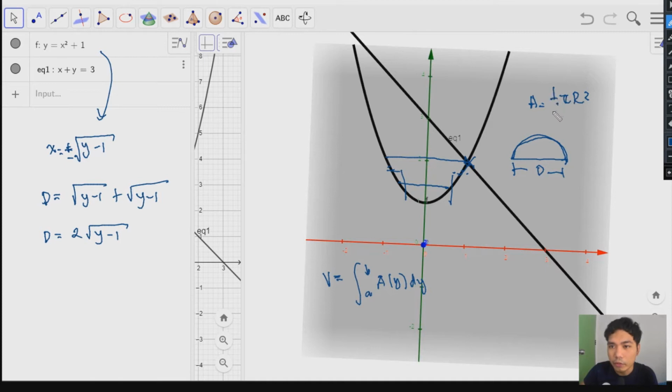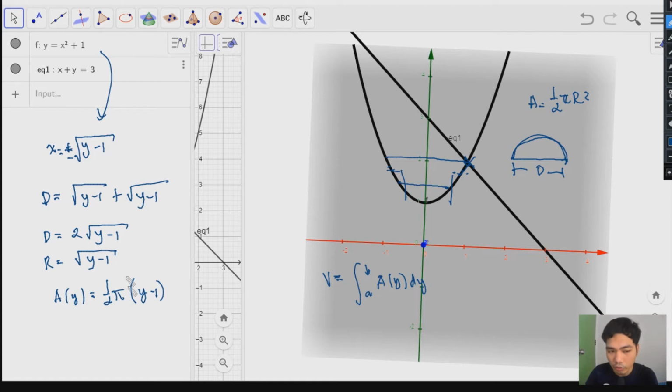We know that this r is just half of the diameter, that is the square root of y minus 1. Therefore, the equation for the area would be 1/2 pi r squared, so that's 1/2 pi (y minus 1). No dy yet. So this is our formula for the area using the semicircle as our plane region, right?